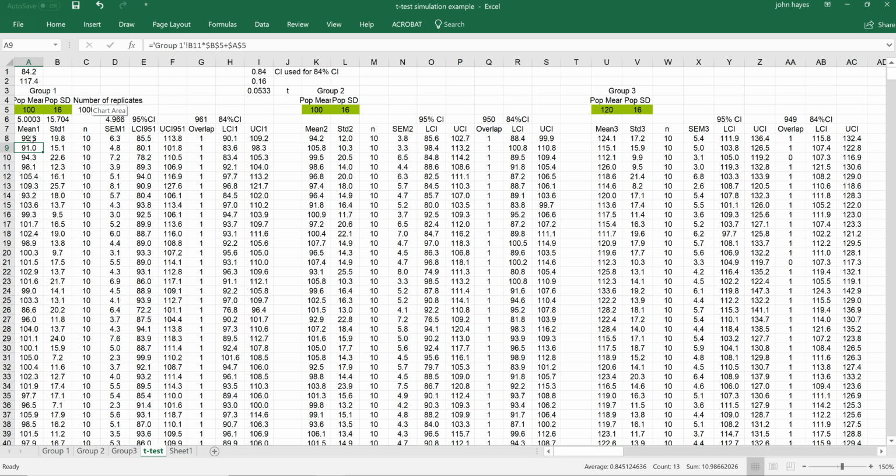So our new mean, instead of having a mean of 0, now has a mean of 100.